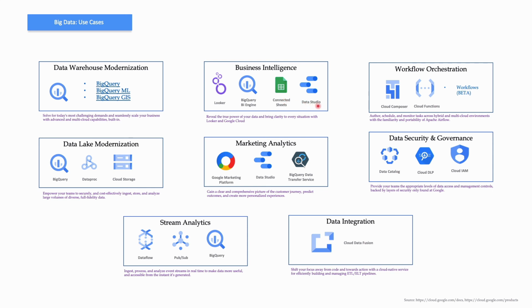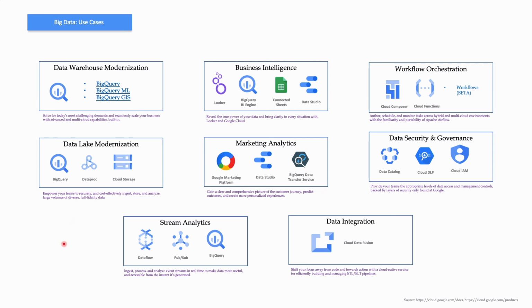Google Data Studio, which is part of Google ecosystem, but not a Google proprietary product, which is a very simple BI tool. Workflow orchestration to author, schedule, and monitor tasks across hybrid and multi-cloud environments with the familiarity and portability of Apache Airflow. We've talked about Cloud Composer, Cloud Functions, and there is a new product coming up, which is still in beta, is Workflows.